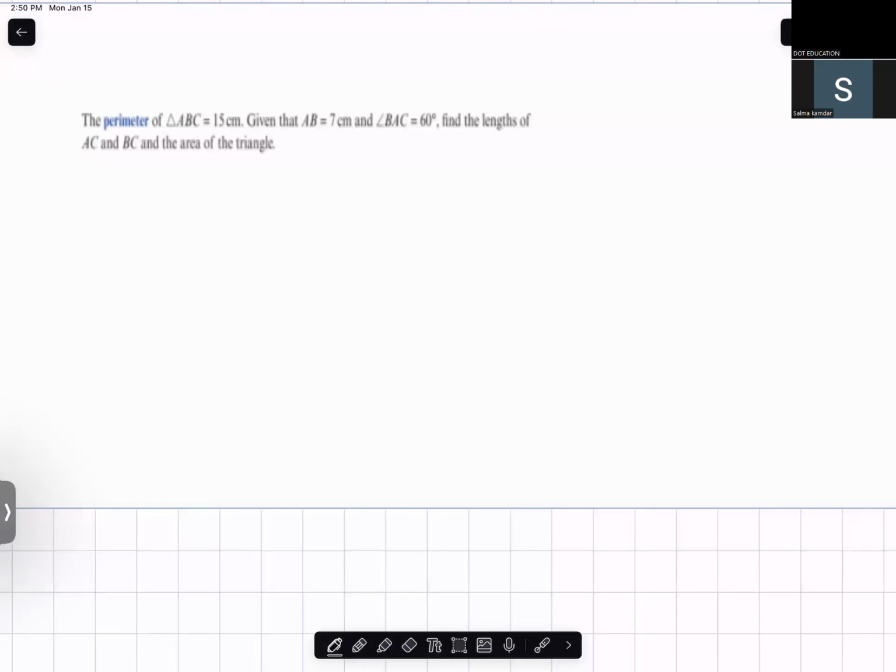Moving forward, we have the perimeter of triangle ABC, which is equal to 15 cm. Given that AB is 7 cm and angle BAC is 60 degrees, we have to find the length of AC and BC and also the area of the triangle. So get a sketch of your triangle.